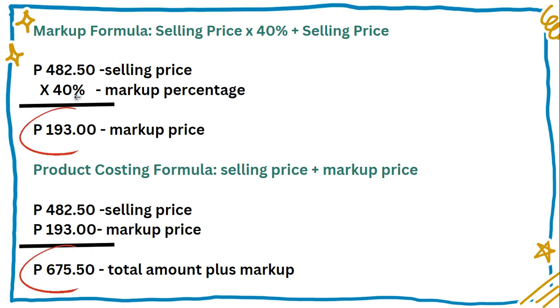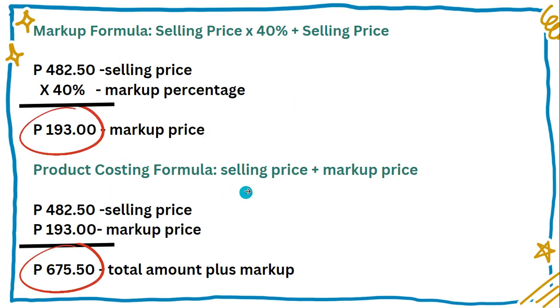So we're just going to move it twice to the left. 1, 2, done. So 40% is equal to 0.4 or 0.40. So 482.50 times 0.4 is equal to 193 pesos. So 193 pesos, we call it markup price.